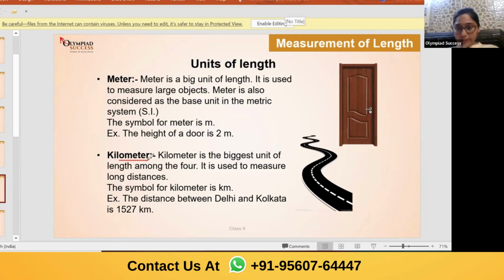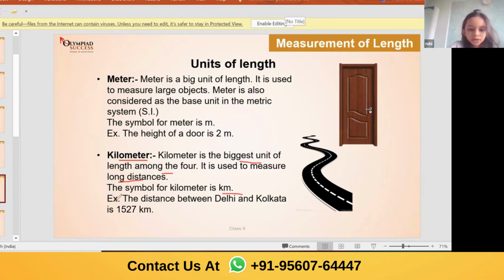Okay. Kilometer. Ruhi, kindly read kilometer. Kilometer is the biggest unit of length among the four. It is used to measure long distances. The symbol for kilometer is km.